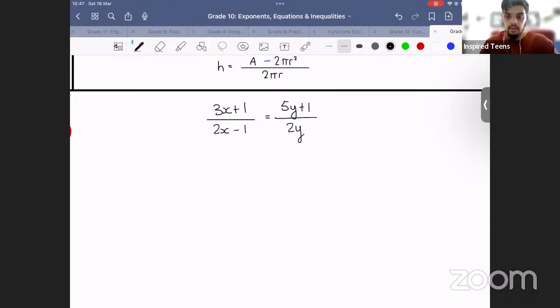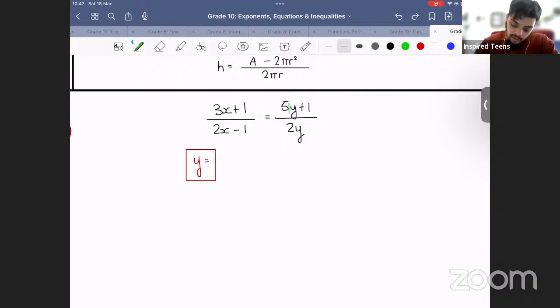Here they want us to leave y alone. The way we're going to do that is, we want to ultimately get our variables for y on one side, and the ones for x on another side.